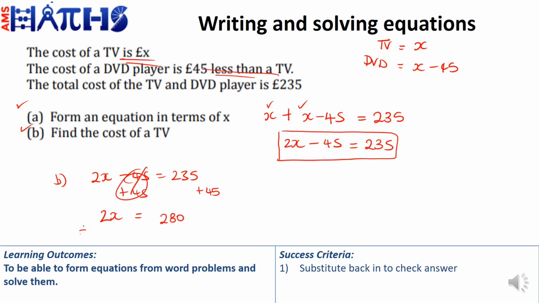Then we'll divide both sides by 2. 2 divided by 2 is 1, so we're left with 1x, and 280 divided by 2 is 140. So x is 140, and x represented the cost of the TV. So the TV will cost 140 pounds.